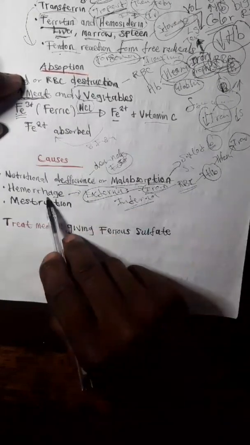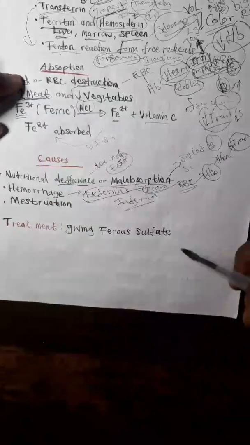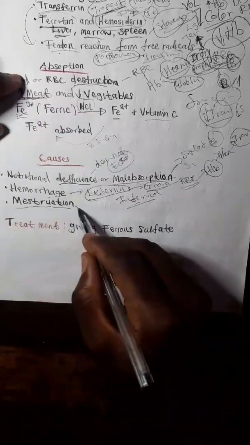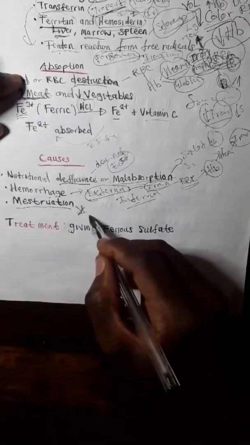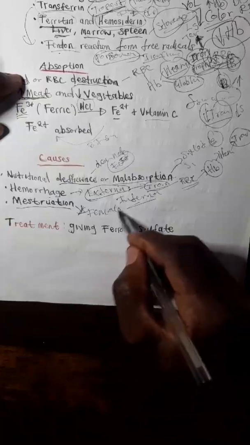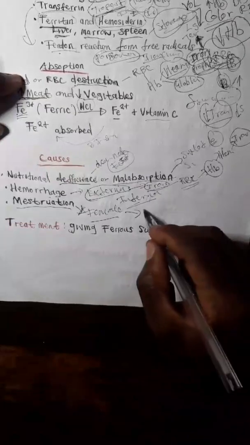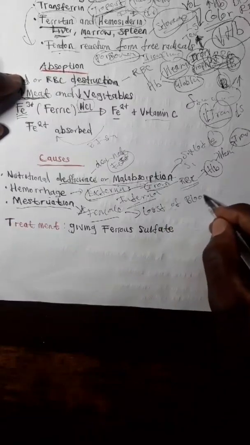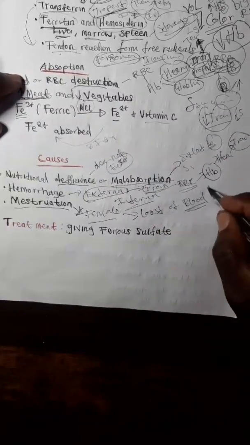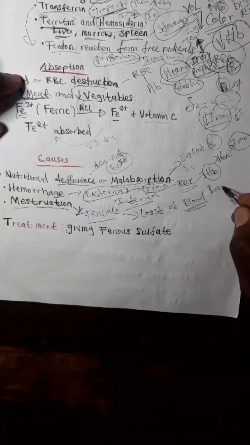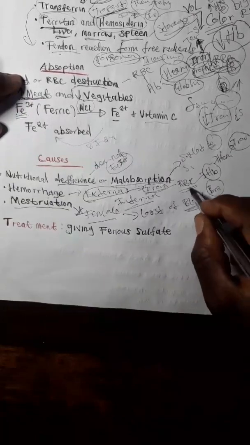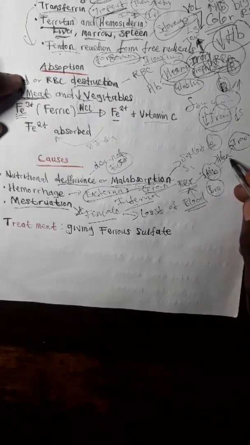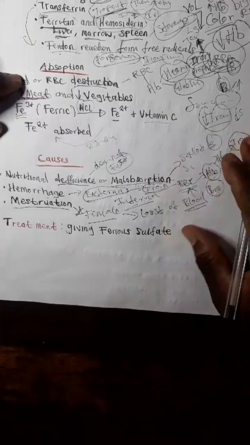So hemorrhage or bleeding can lead to iron deficiency, and also menstruation in females, where there is loss of blood from the breakdown of the endometrium. Same thing: losing blood, losing hemoglobin, losing the heme, losing the iron.